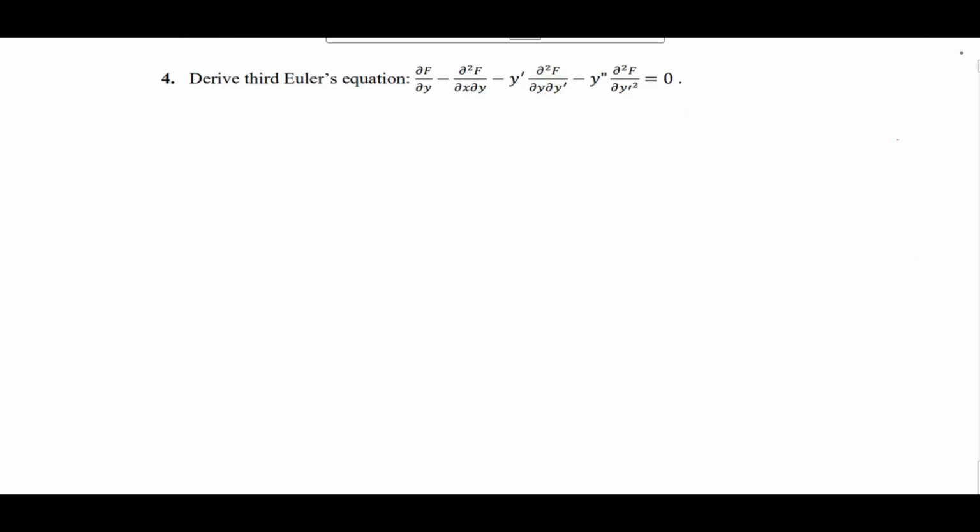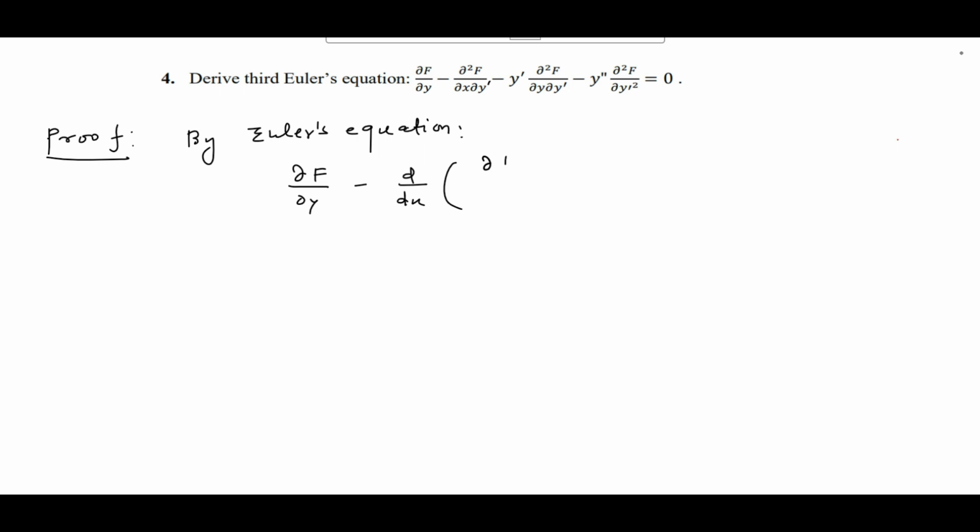So now we need to prove the third Euler equation. Here in the given statement it should be y dash. We need to give the proof, we need to derive the given statement. So now, by Euler's equation we know that del f over del y negative d over dx of del f over del y dash is equal to 0, that is equation number 1.